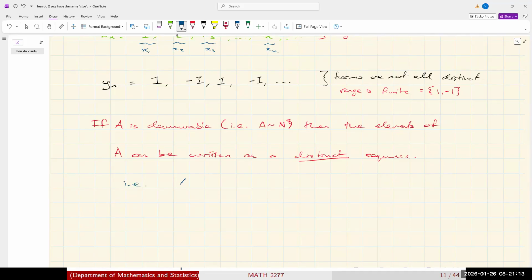That means A can be written in this way, where each x_i is different. There are no repeats.